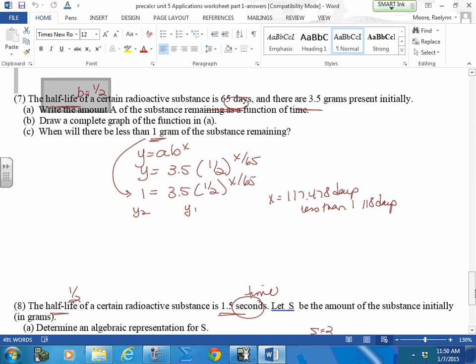If it disturbs you using an inequality, use an equal sign, and then just say that you have to be actually more than this many days. Well, there'll be less than 1. You just have to say X has to be greater than 117.478 days for you to be less than 1 gram.